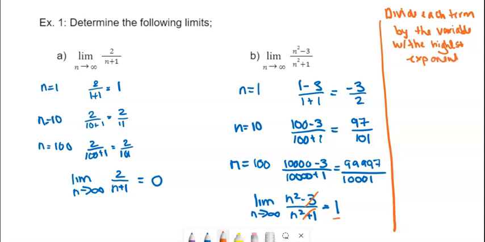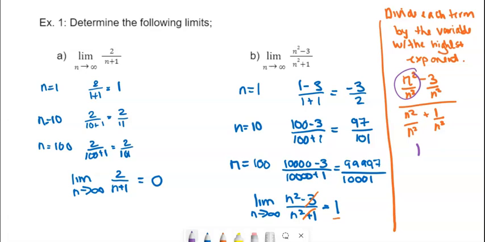Okay, so if we're going to do this, then we're going to take our n squared minus 3 and divide each of those by n squared, and n squared plus 1 and divide each of those by n squared. Okay, so what that's going to do, n squared divided by n squared, that's just 1.